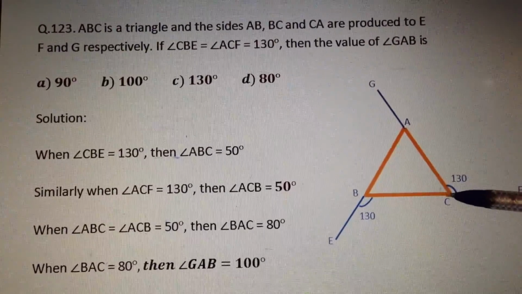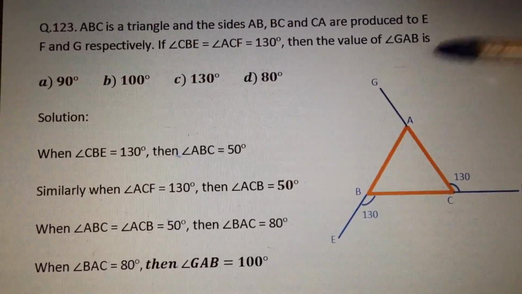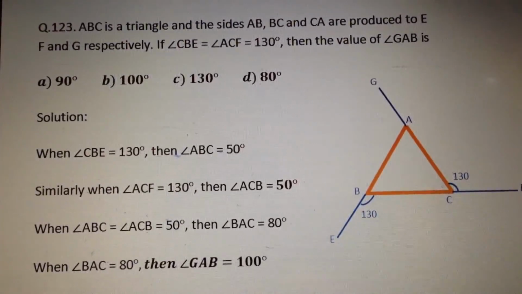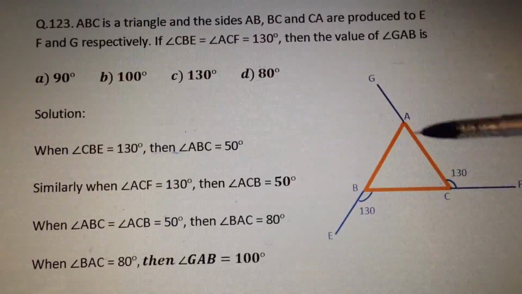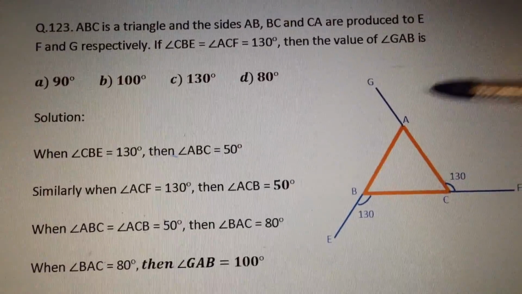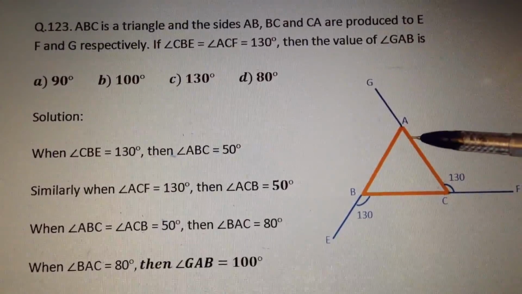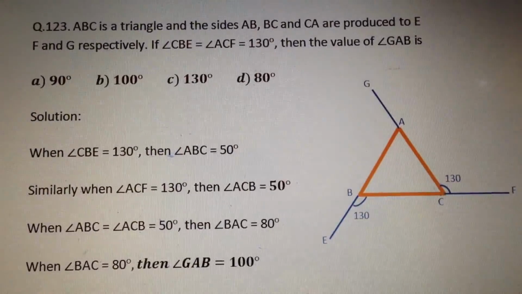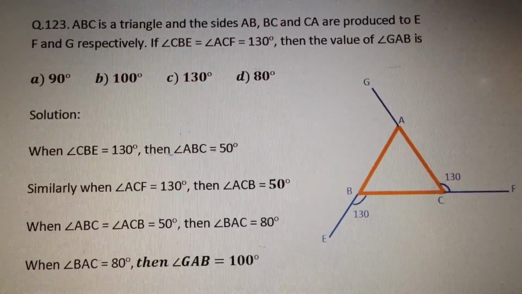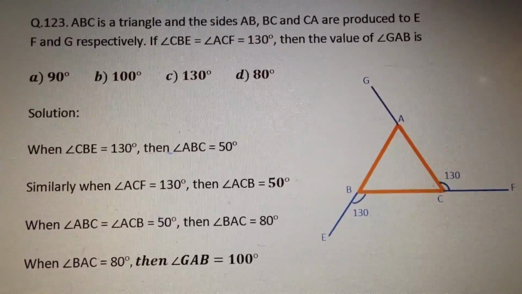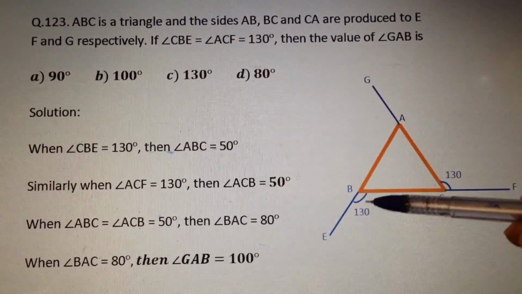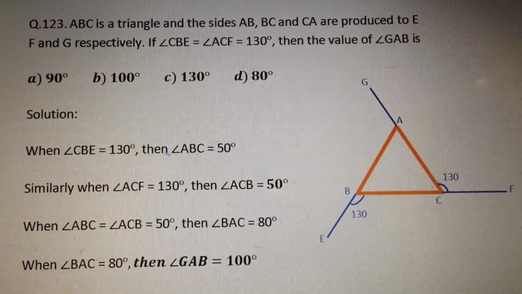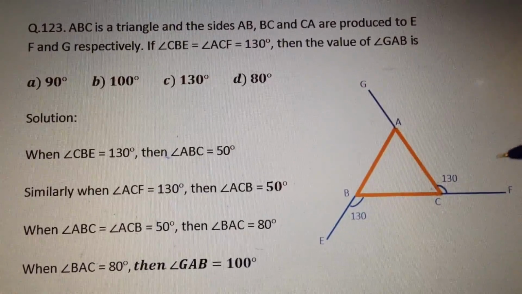Angle ACB is equal to 50 degrees, angle ABC is equal to 50 degrees. Then angle BAC is equal to 180 minus 50 minus 50, which is equal to 80 degrees. Therefore, angle BAC is equal to 80 degrees. Then angle GAB is equal to 100 degrees. So our answer is option B.